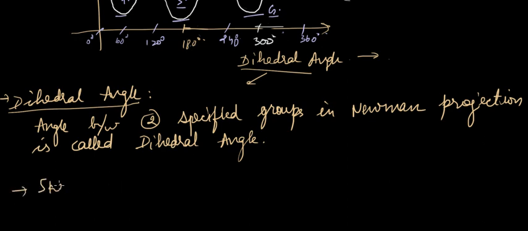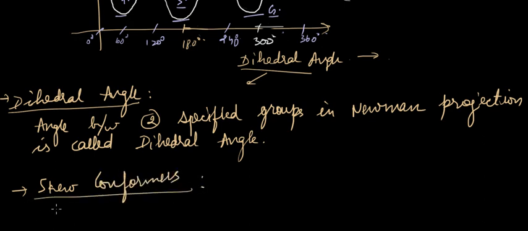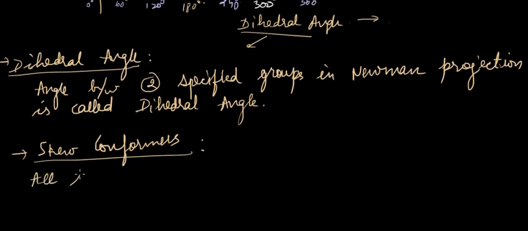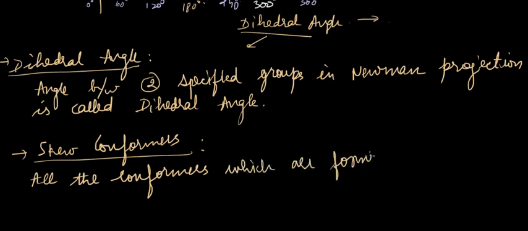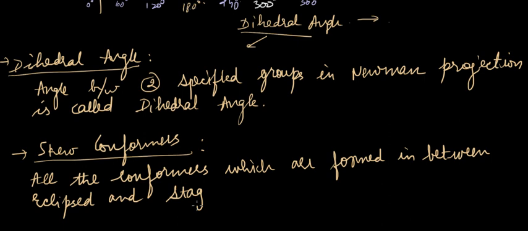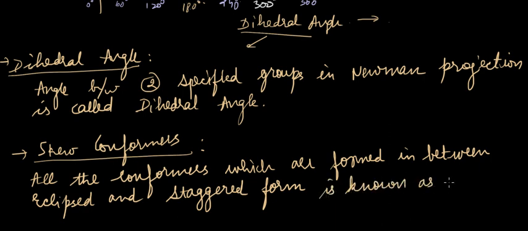So another way of putting the definition of skew conformers is: all the conformers which are formed in between eclipsed and staggered form are known as skew conformers.